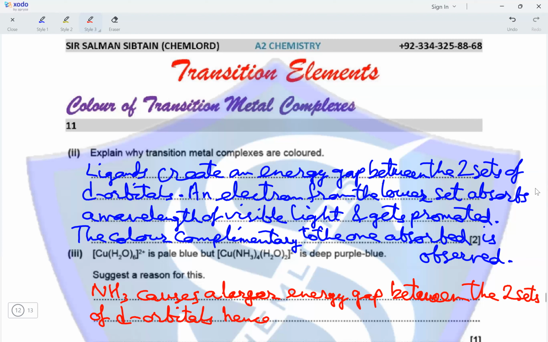Hence, the color observed is deeper. So basically, the larger the energy gap created, the deeper would be the color observed, and the smaller the energy gap would be created, the lighter would be the color.